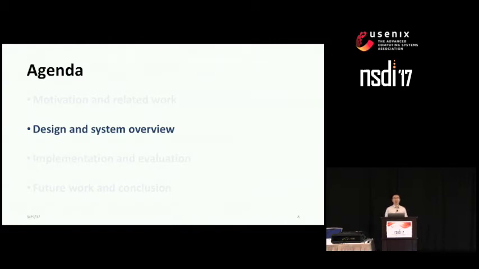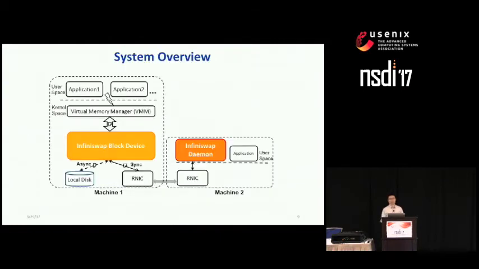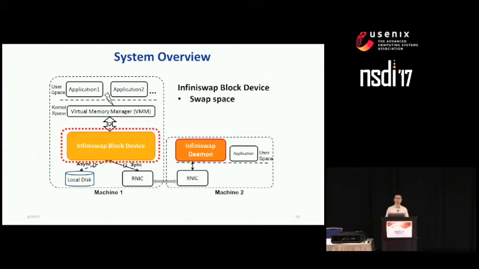Now let's see how Infiniswap is designed. This is the overview of our system. We have two major components, the Infiniswap block device and the Infiniswap daemon. For machine 1's operating system, the Infiniswap block device is just a regular swap space. But inside this block device, we have a request router.